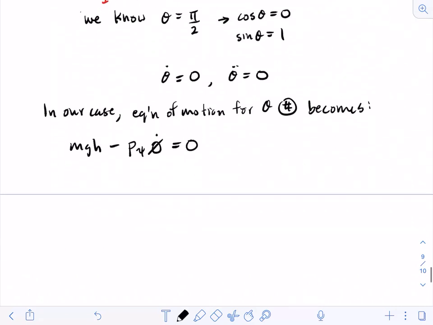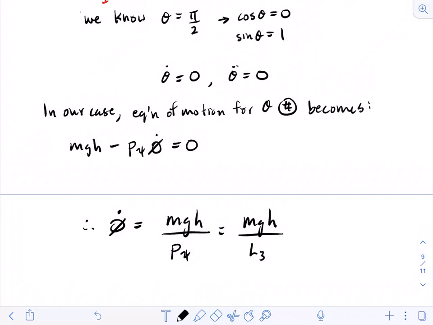So that's nice and simple. And so therefore phi dot is equal to mgh divided by p psi. And p psi was just the angular momentum about the symmetry axis.